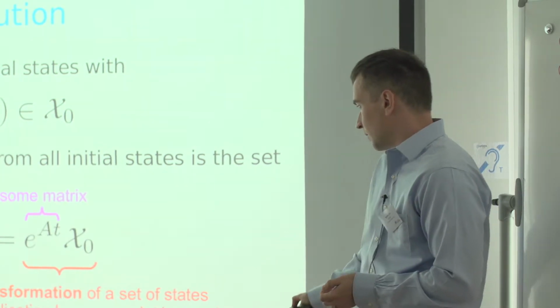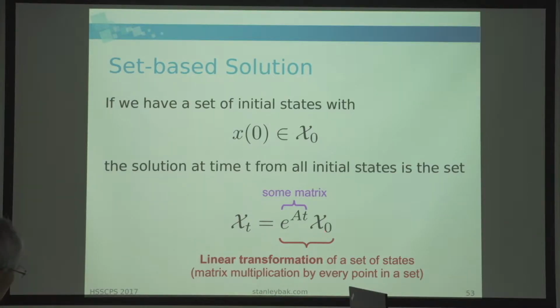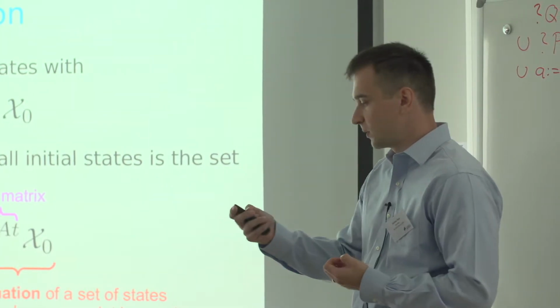What we want is for our set to support this linear transformation operation. You have a set of states, and you should be able to compute another set of states that's the matrix multiplication of this matrix times every point within this set. So we start with a set, we end with a set, and there's this correspondence.